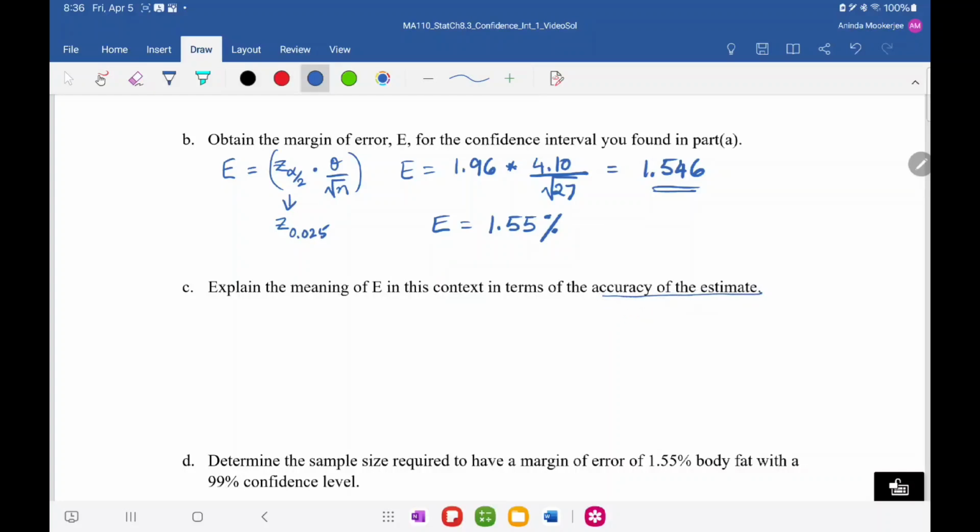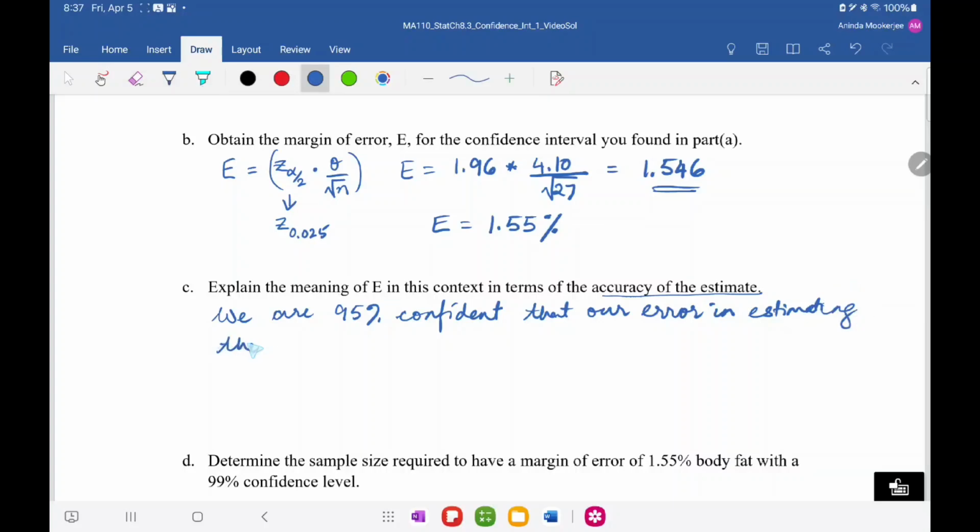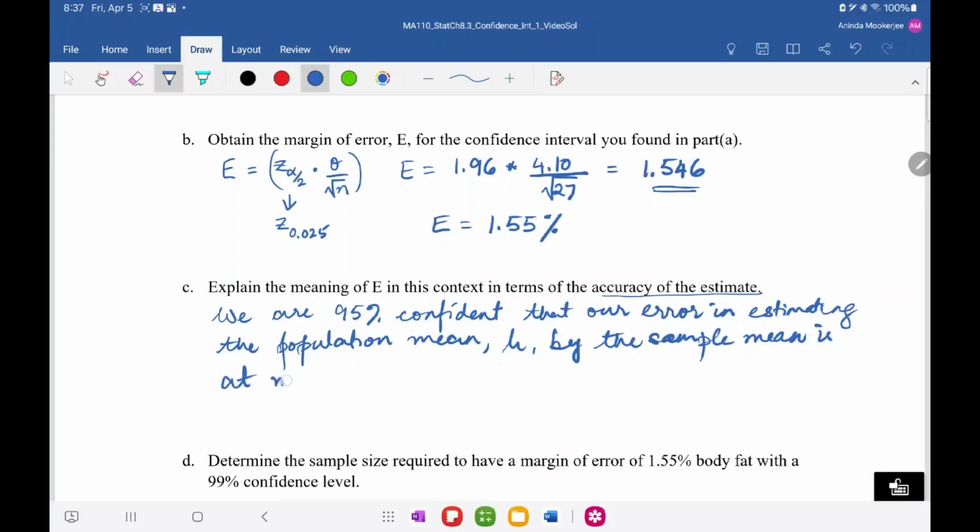The way you write this answer is: we are 95% confident that our error in estimating the population mean mu by the sample mean is at most 1.55%.